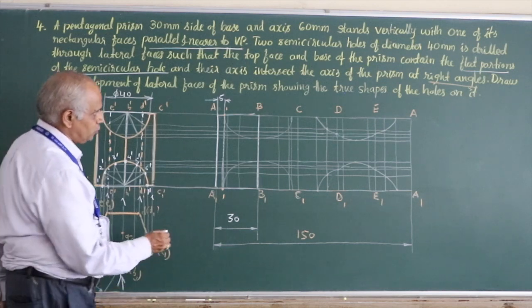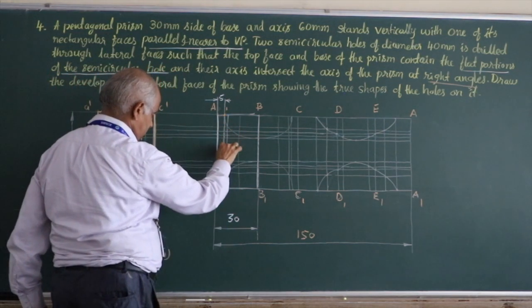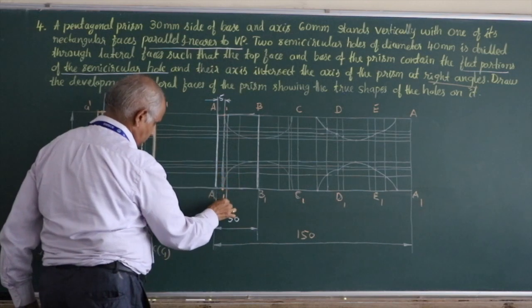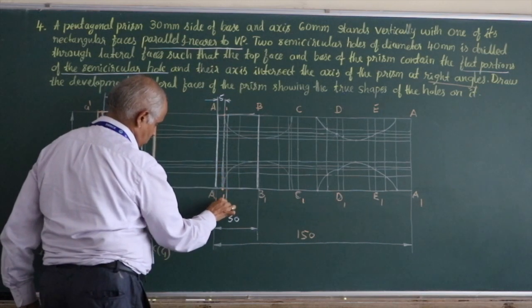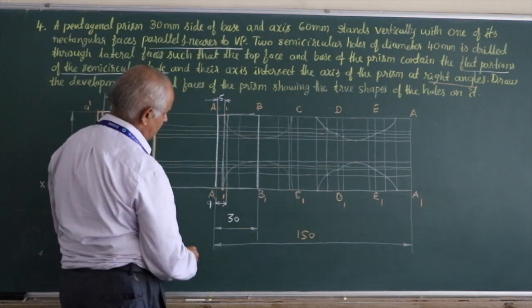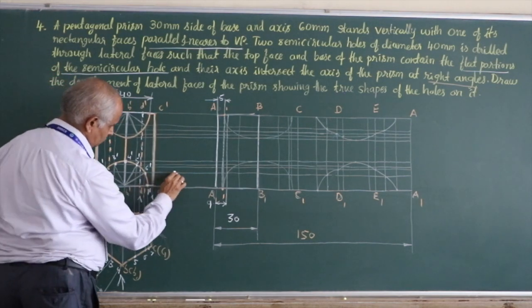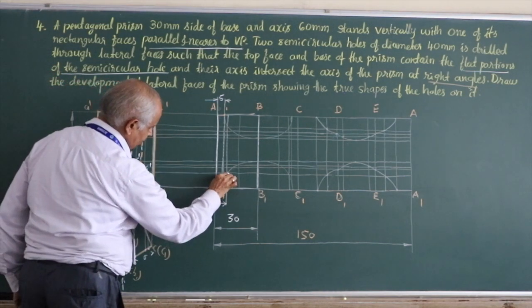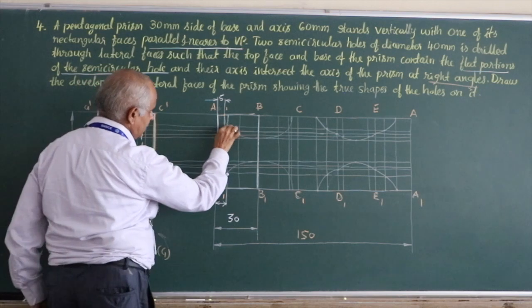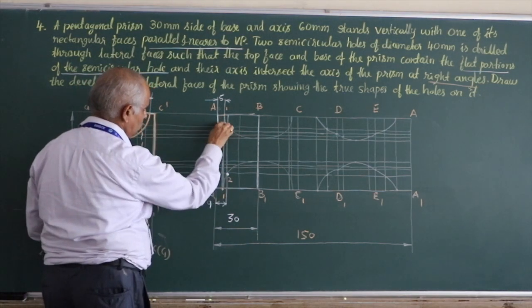So from A1, take a 9 mm line. This distance is 9 mm. And on this line, if I project 2, I would get this section point here as well as here as section point 2, corresponding.